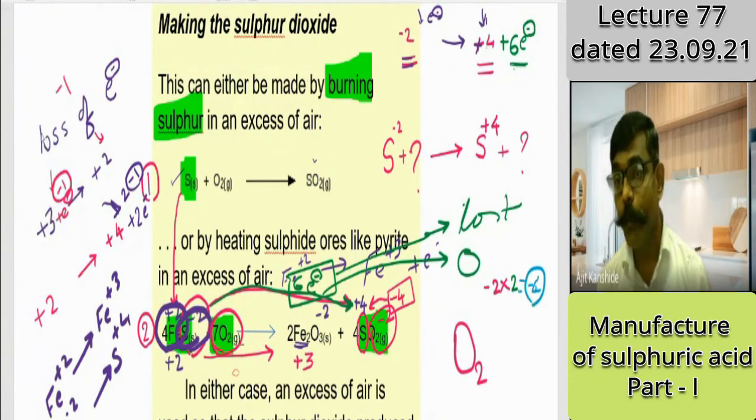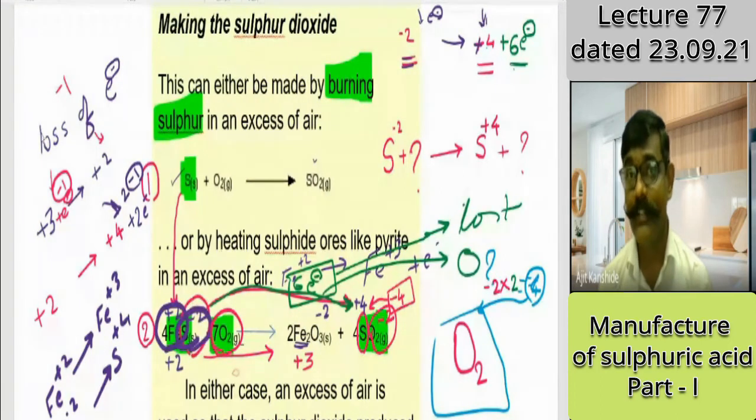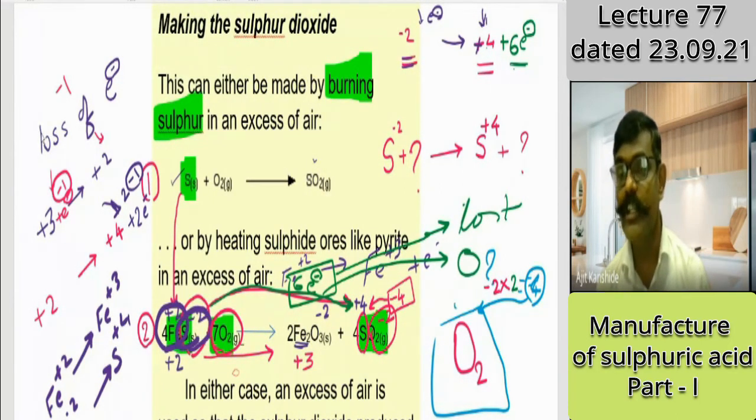Is there a minus 4 charge on this O2 molecule? Here the formula is represented in front of you. Is there any charge on this molecule? Yes or no? No. No charge means the charge is 0. So this answer, whatever is given, is a wrong answer.